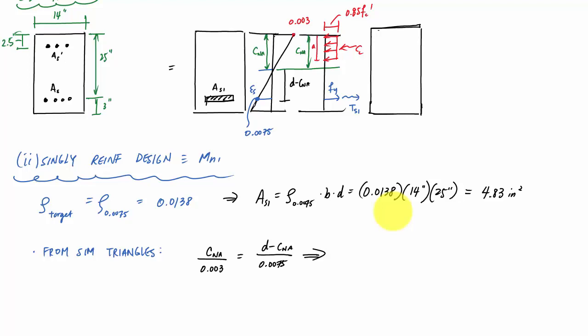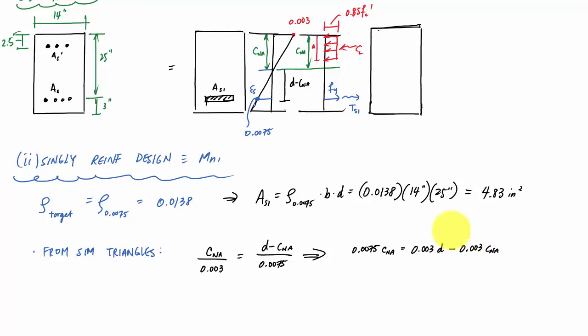I want to just do the shortcut, but here I'll do the algebra real fast. 0.0075 c_NA equals 0.003 d minus 0.003 c_NA.